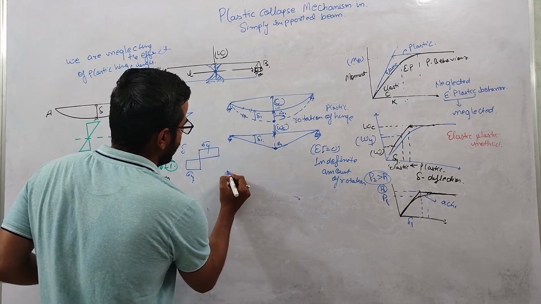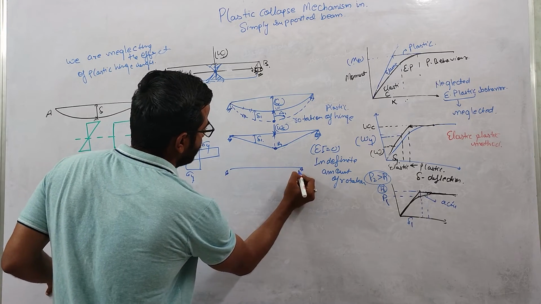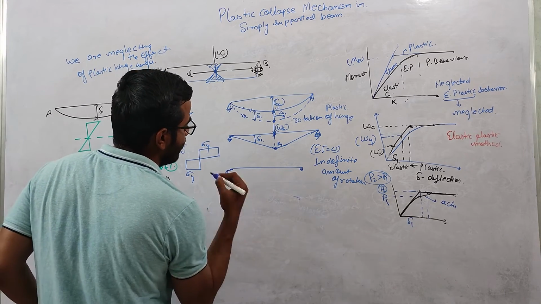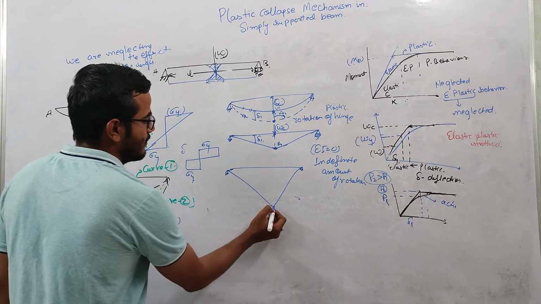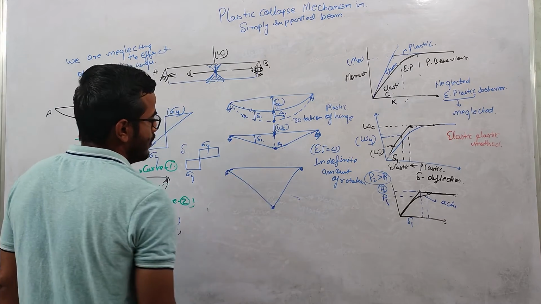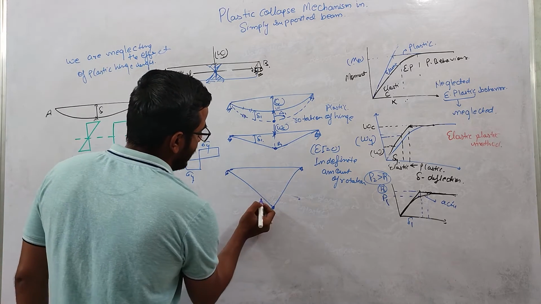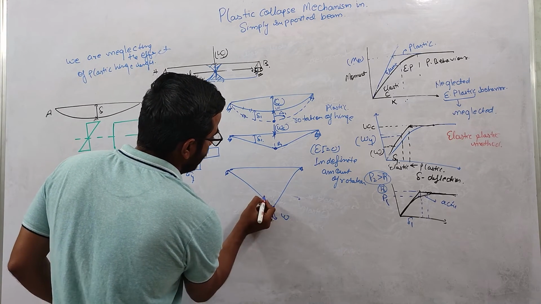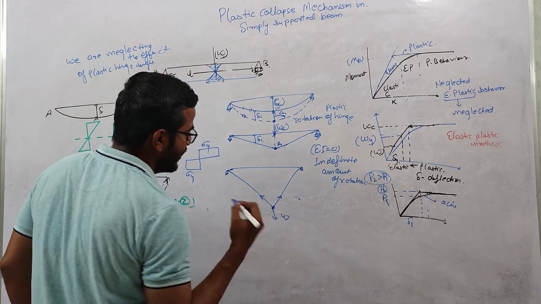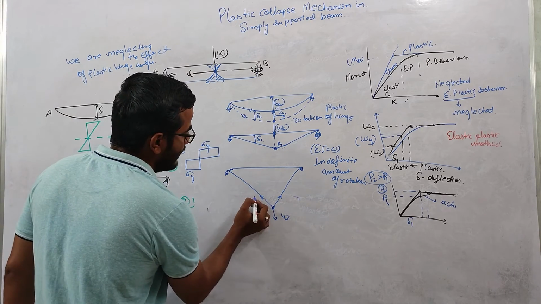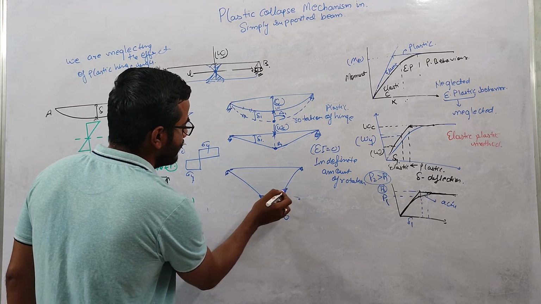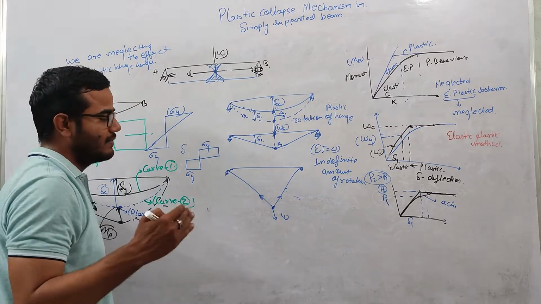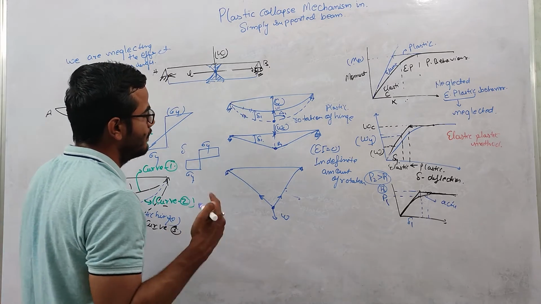What I meant by that is, if this is the beam, and it has infinite rotation and becomes like this, then some part of this load W will be balanced by bending, and some part will be balanced by the axial forces in these two parts, right? But we are not considering this in the plastic analysis.